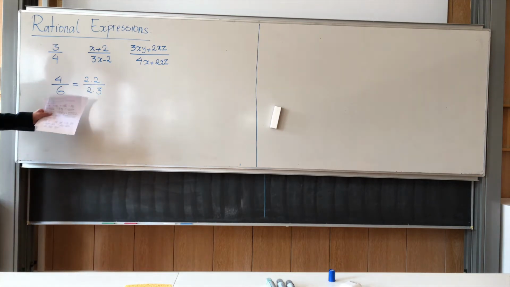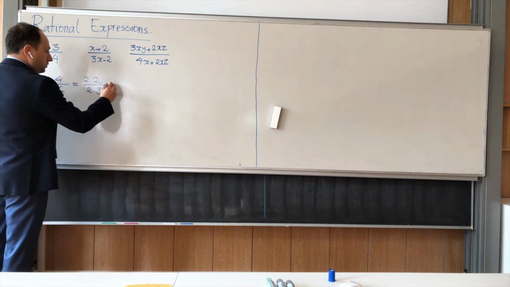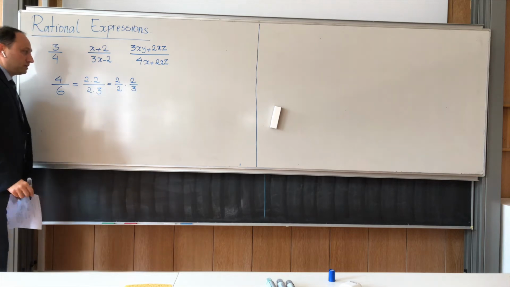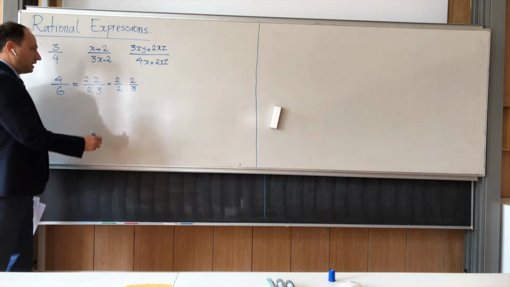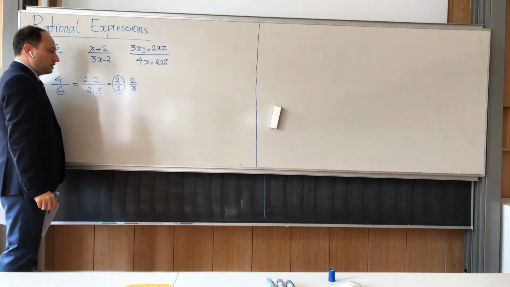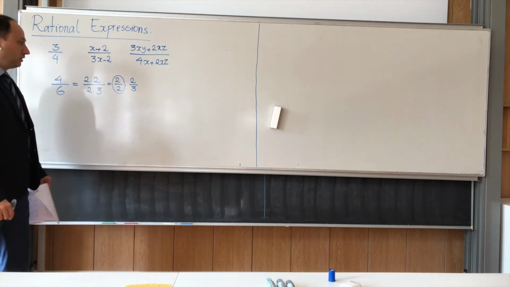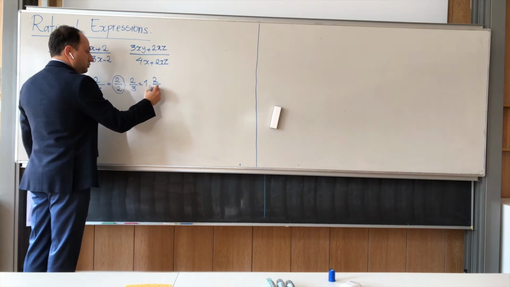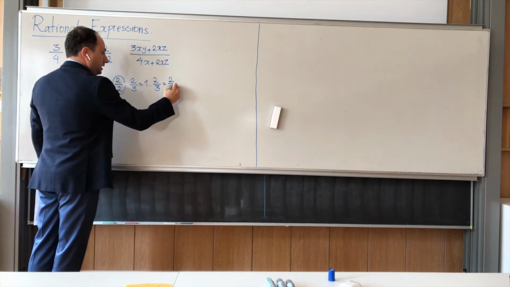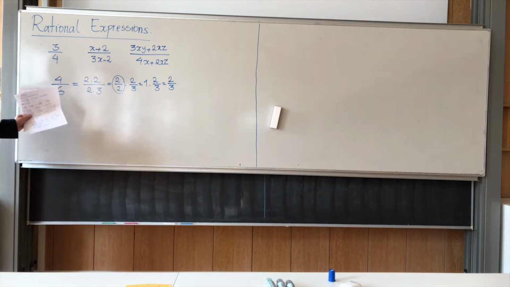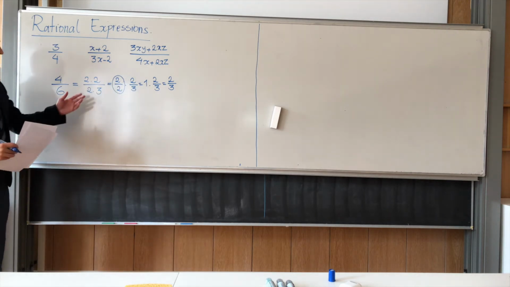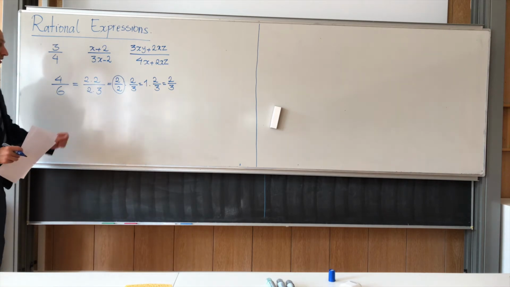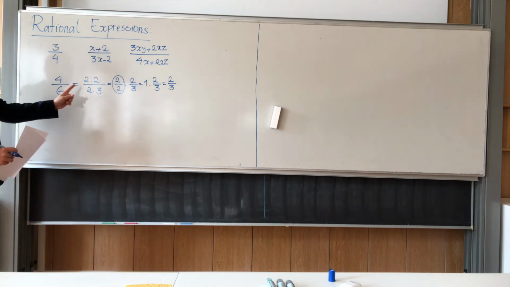Then you would say that this can be written as 2/2 multiplied by 2/3, by the rule of multiplication of fractions, and any fraction whose numerator and denominator are equal is 1, and then you multiply it by 2/3, and any number multiplied by 1 is just the same number. Of course, you did it so quickly that you probably don't recognize these steps, but they become important if you want to simplify rational expressions.